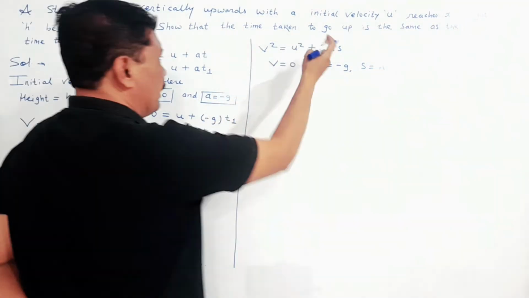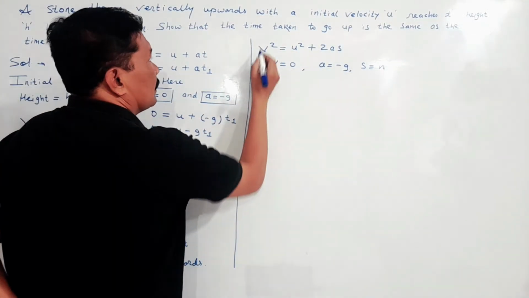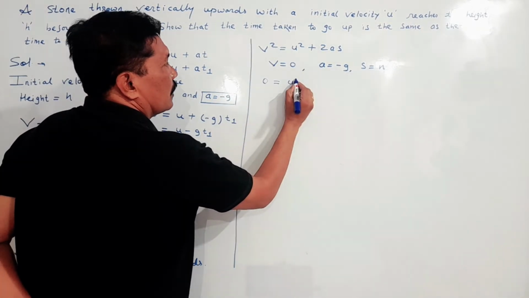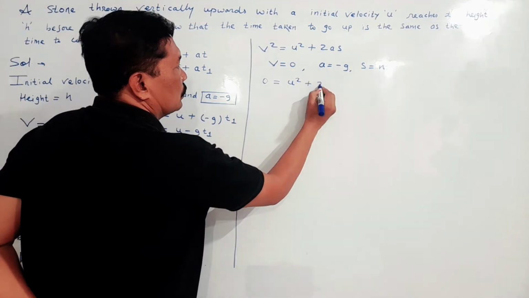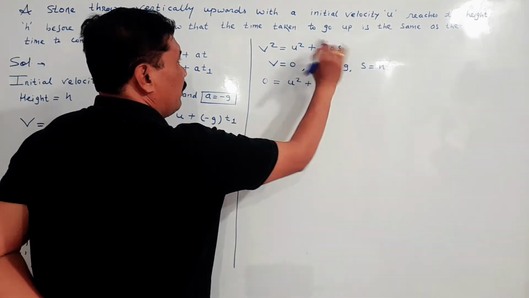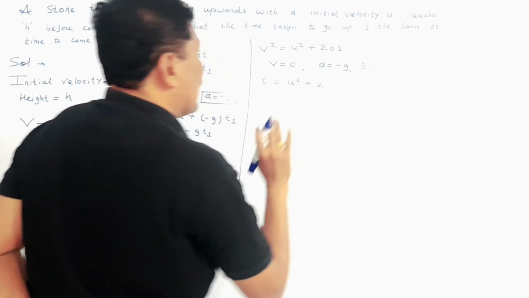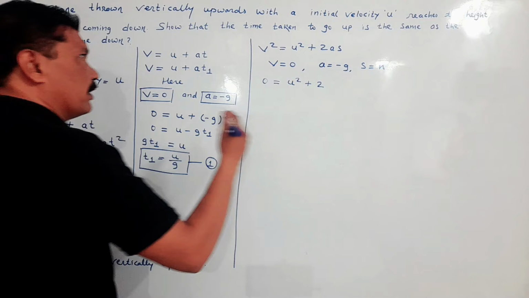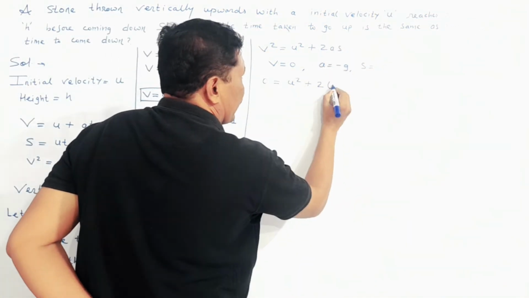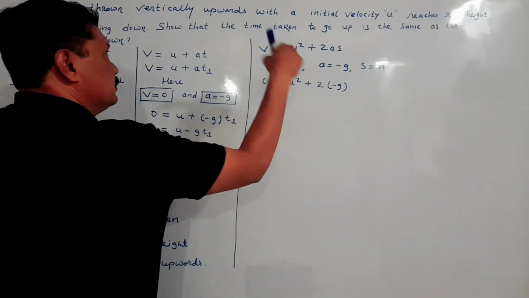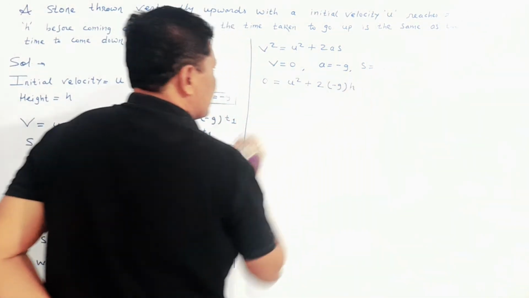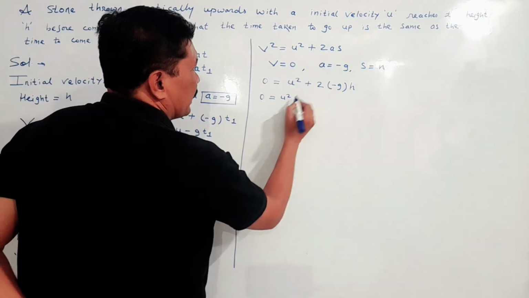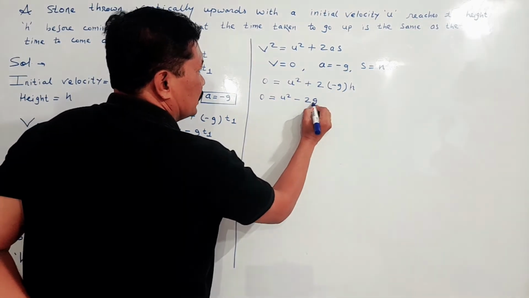So this kinematical equation will become V, that is 0, is equal to U square, will write as it is, plus 2 will write as it is. A will get converted into G. Acceleration will become acceleration due to gravity, as the object is thrown vertically upward, and therefore in place of A we can write minus G, and S will be equal to height, and we'll write H as it is. 0 is equal to U square plus minus twice GH.